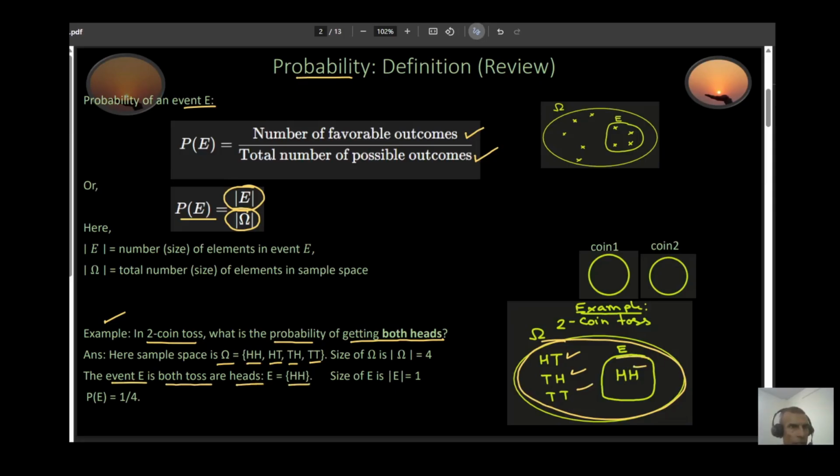This is my event E, which is denoted using a Venn diagram like this. The size of my sample space is 4 because I have 4 elements in the whole thing, and the size of my event E is 1 because there is only one element right here. So my probability of E is going to be 1 over 4. I'm just using this formula right here.